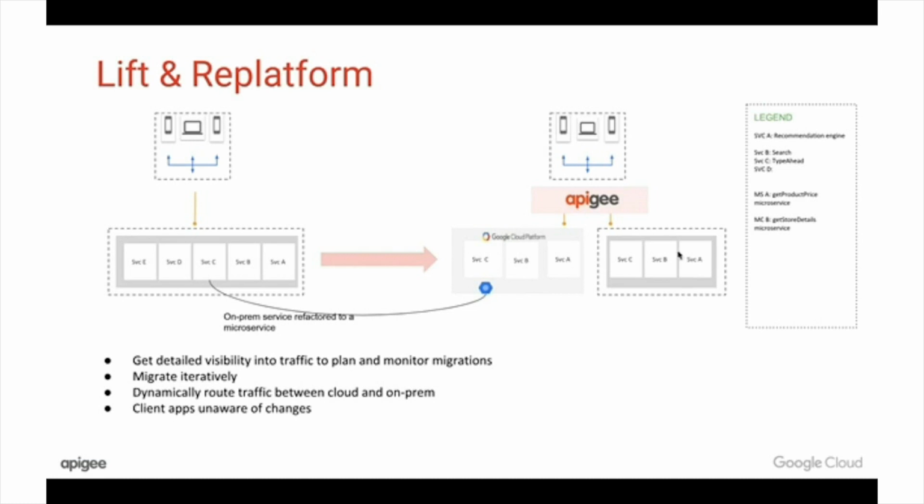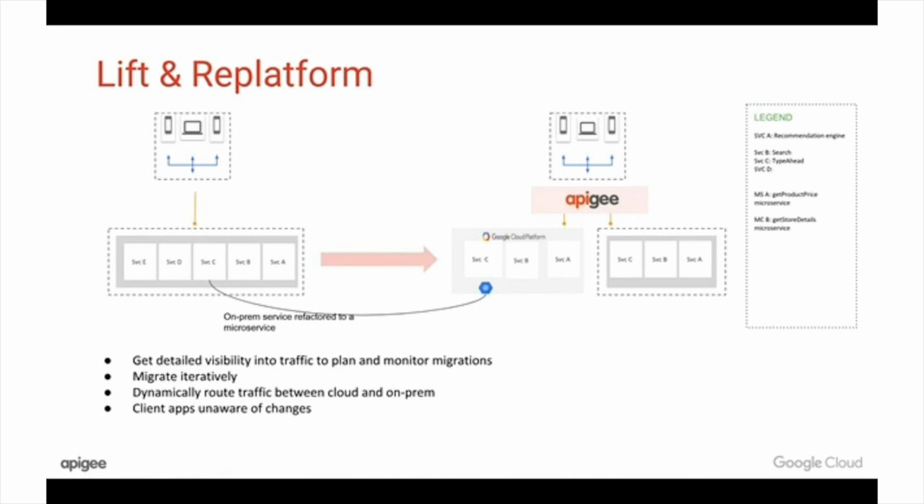While you are doing that, you still have a few services which are left behind on-prem, because remember we talked about how you can move iteratively, and so you will still leave some of those applications on-prem while others are running in the cloud, and you have Apigee in front of these two different sets of backends.